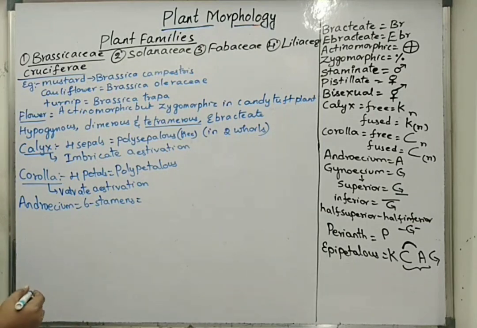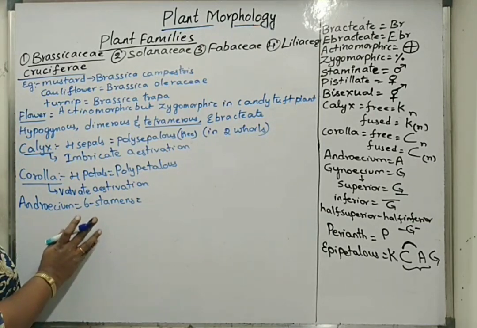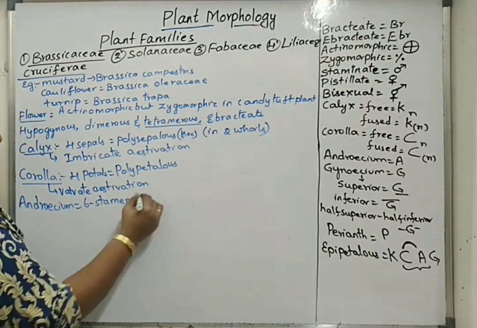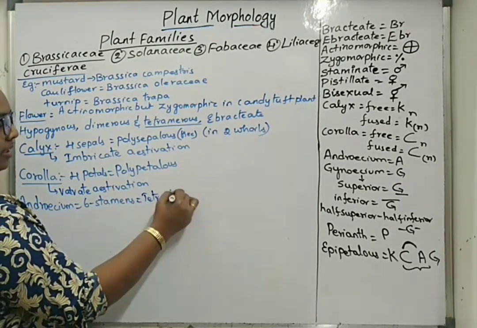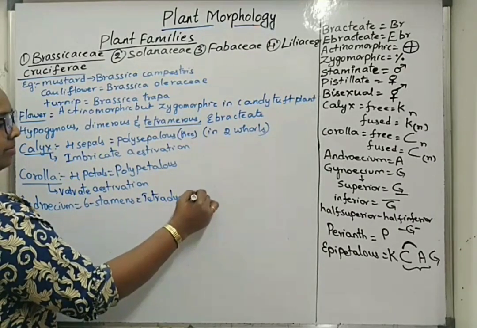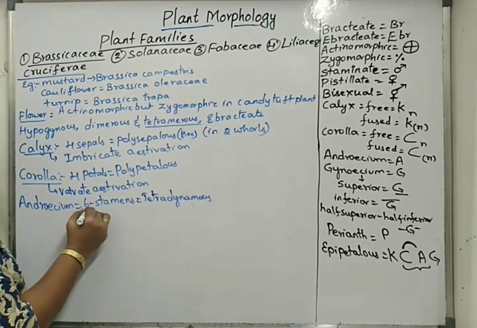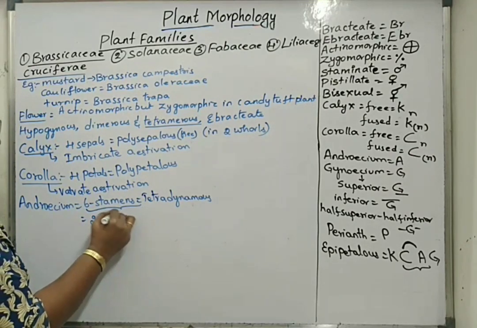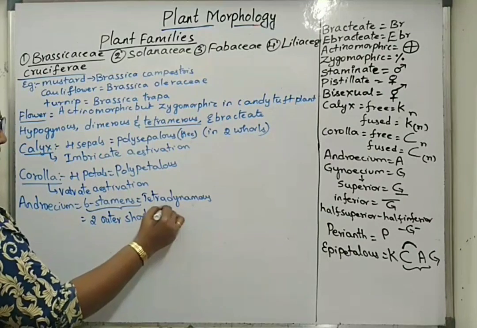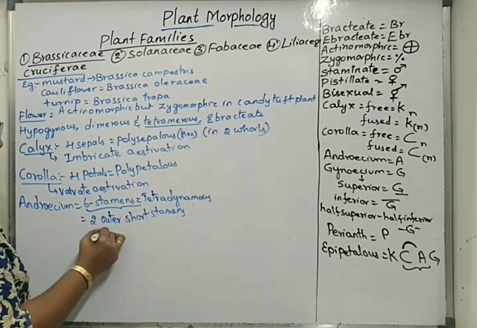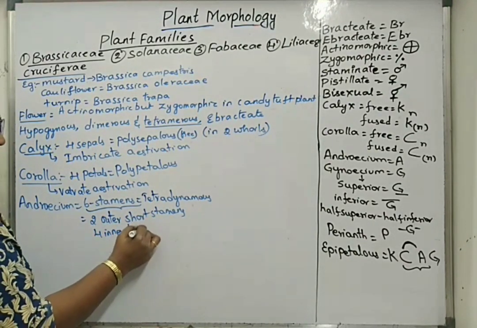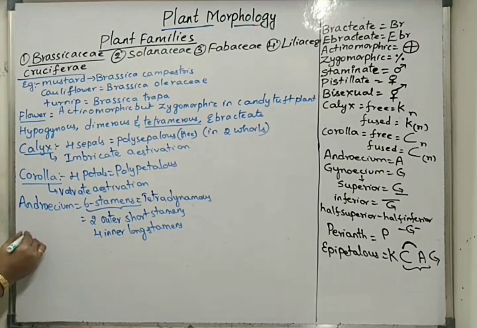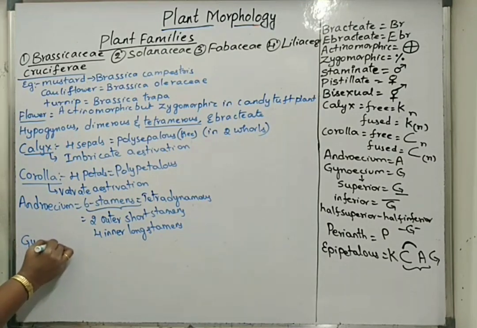They show tetradynamous condition, means 2 outer short stamens and 4 inner longer stamens. Tetradynamous. Two outer short stamens, 4 inner long stamens. Next, about gynoecium.